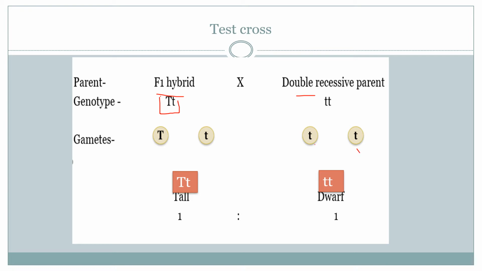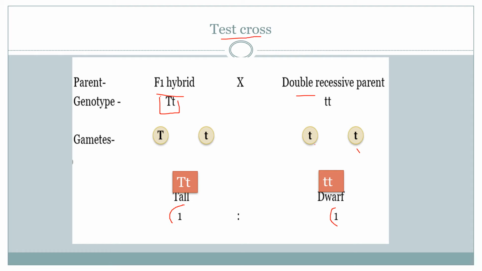Now, the result we get is 50% tall and 50% dwarf. Or else we can also say it as a 1:1 ratio. So, this is known as test cross.